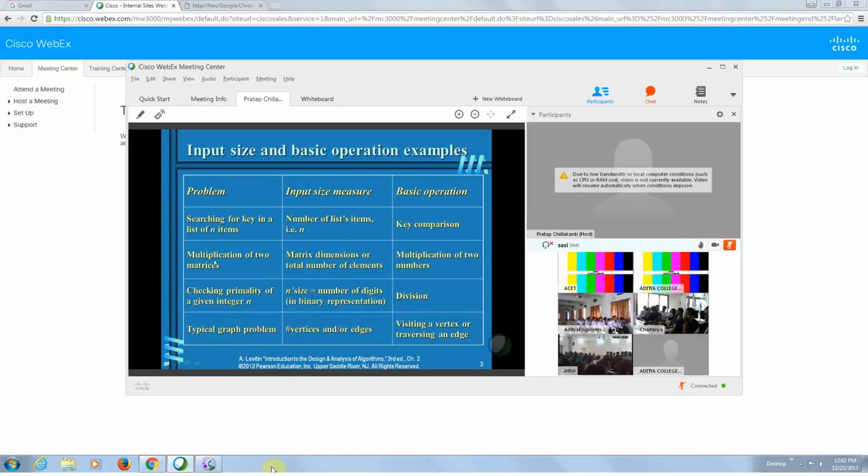Let us say here is a list of students and I want to calculate who got the maximum GPA, right? I'll give you something like that, and ask: in this problem, what is the input size measure and what is the basic operation? You should be able to tell me that when I give you that practical problem.